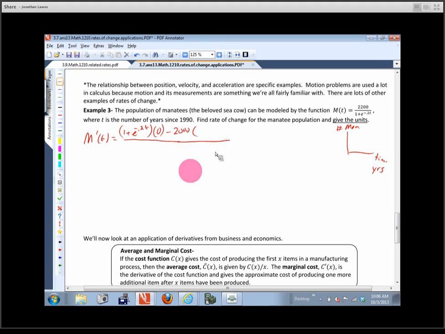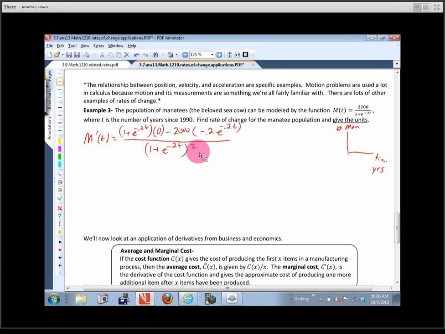And the derivative of the bottom is, we've got a 1, so that's a 0. And then we've got the e to the negative 0.2t. So that's going to be negative 0.2 e to the negative 0.2t all over the bottom squared. So this is going to be 1 plus e to the negative 0.2t, close the parentheses and square that.